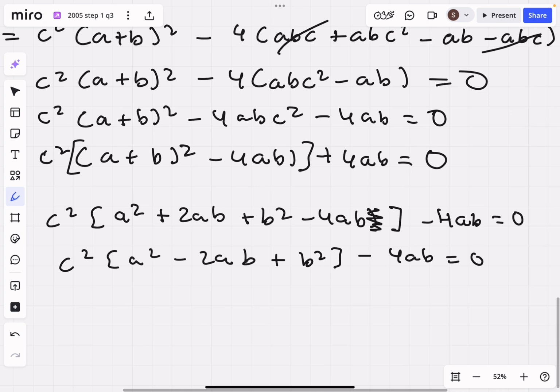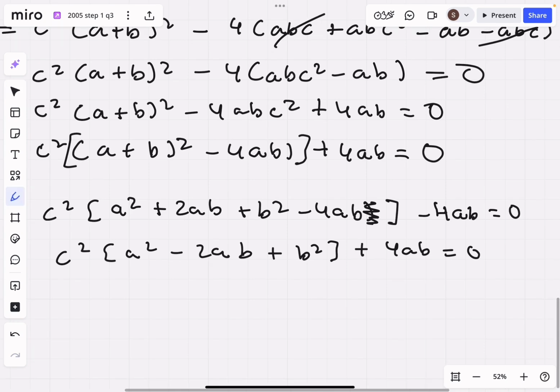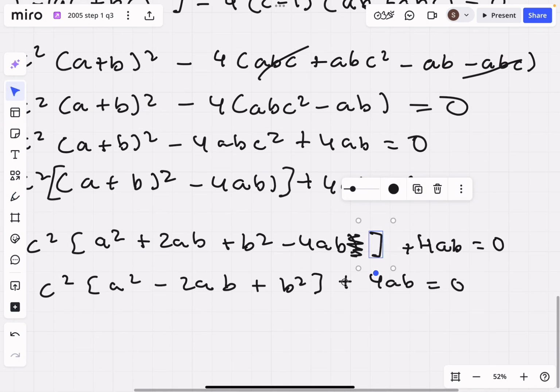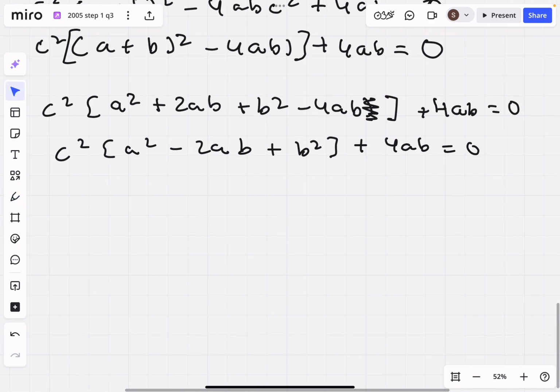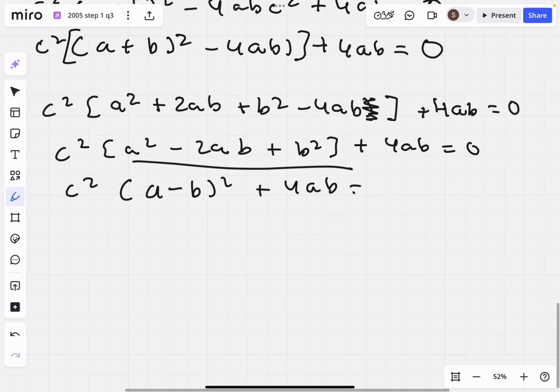Oops, that's plus. That is a plus, because there's a double negative here and here. And then this is the expansion of (a minus b) squared. So c squared plus 4ab equals 0.